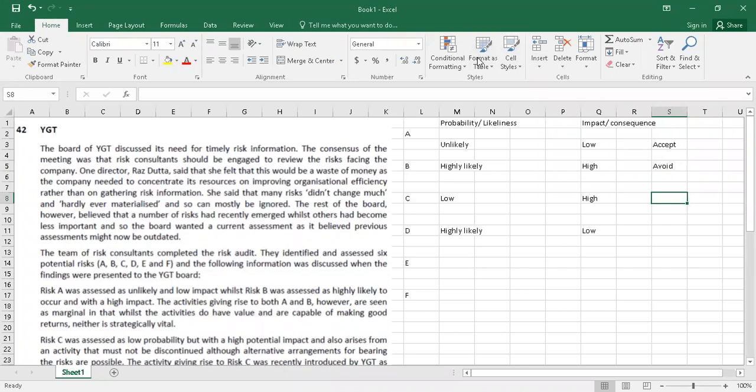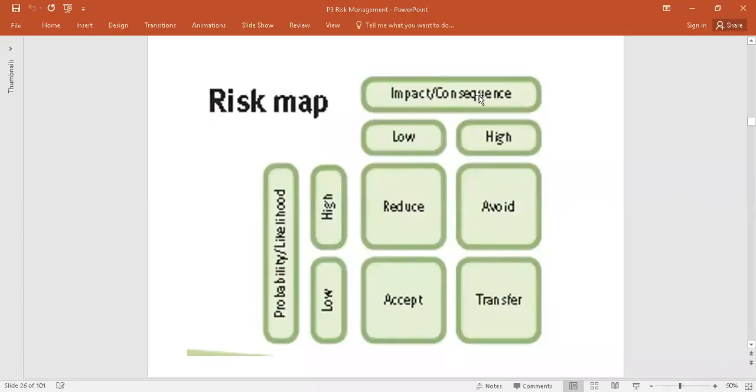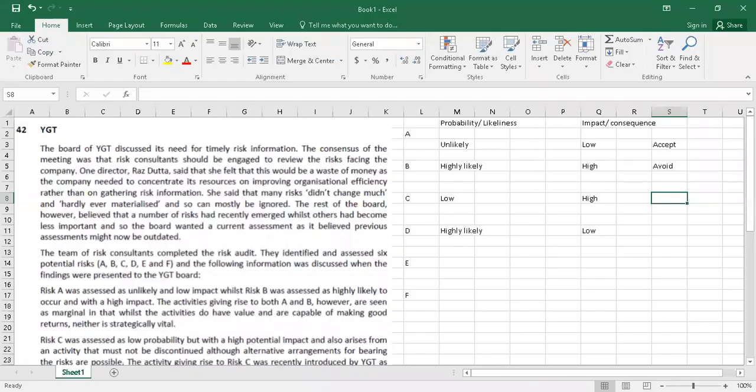That's right. Next one: avoid. No, reduce.